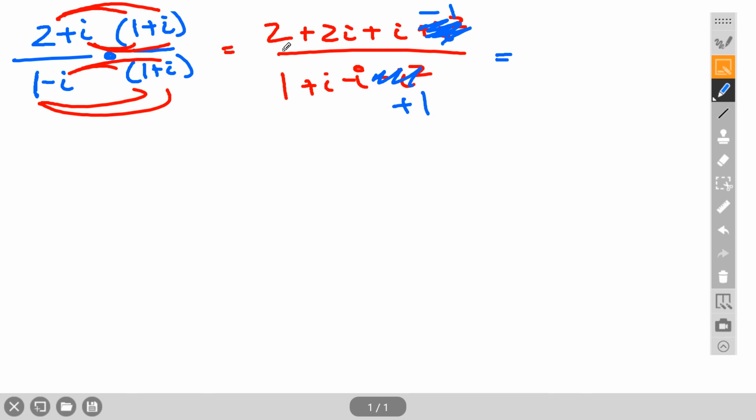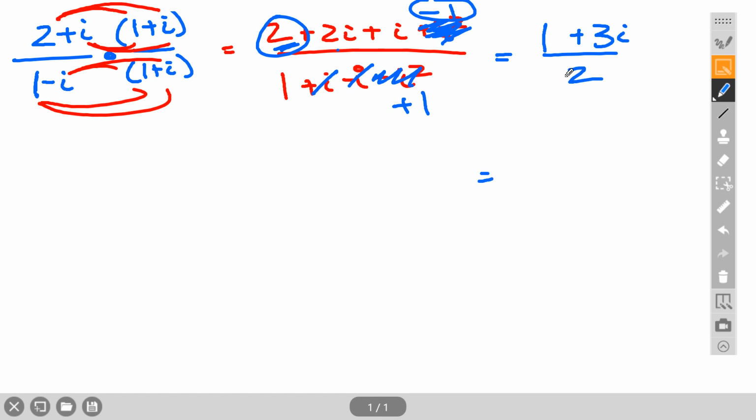So if I combine the real parts up top, and remember these i's cancel out, plus i and minus i cancel out. So the denominator is just 1 plus 1, so I have 2 in the denominator. In the numerator, I combine the real parts, 2 minus 1, which is 1, and then 2i plus i is 3i.